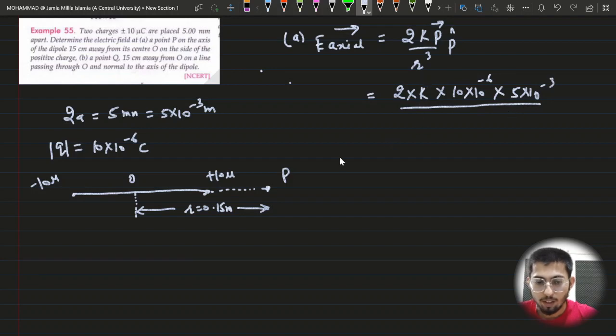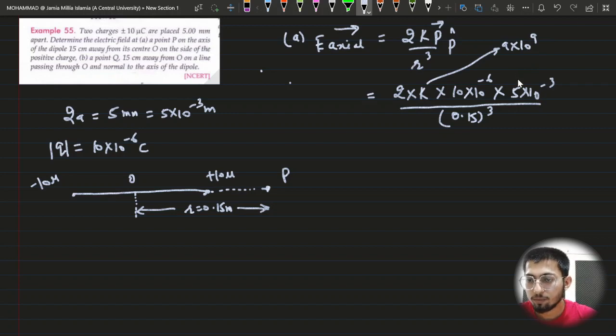What is r? r is 0.15, so 0.15 cube. And what is k? I have not substituted, it is 9 into 10 to the power 9. So minus 6 and minus 3 would be minus 9, and this can be eliminated with this plus 9, isn't it? So what you get is 2 into 5 into 10 divided by 0.15 cube.